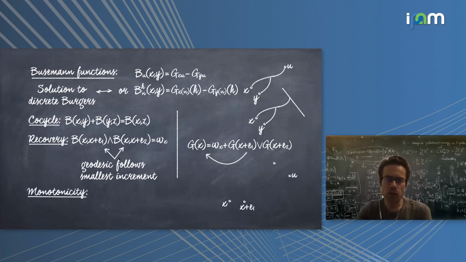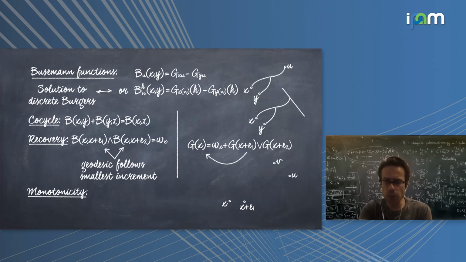All right, so there's another property which is a monotonicity property that I'm not going to prove, but it has an elementary proof. And what's crucial in it is, what is it about? It compares Busemann increments that are increments between nearest neighbor points, like x plus E1 or x plus E2, with different terminal points.